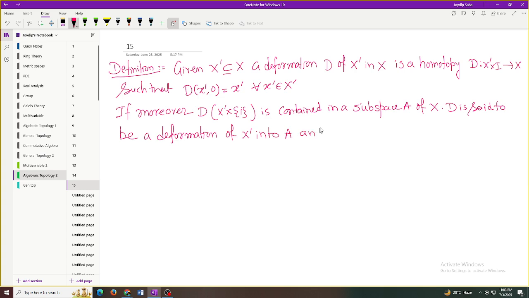And X prime is said to be deformable in X into A.